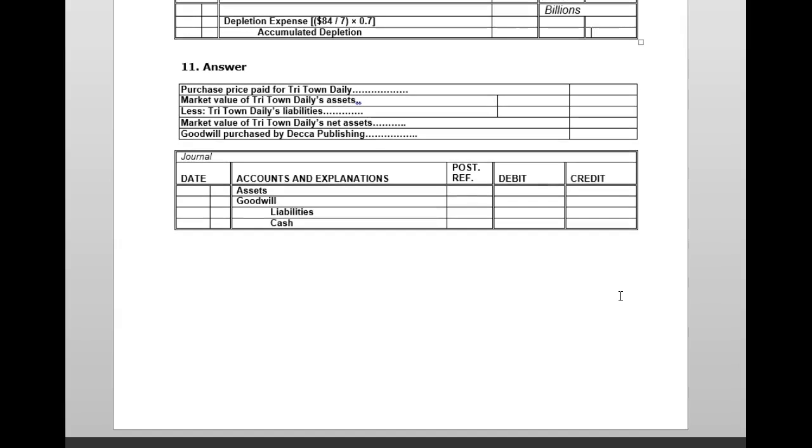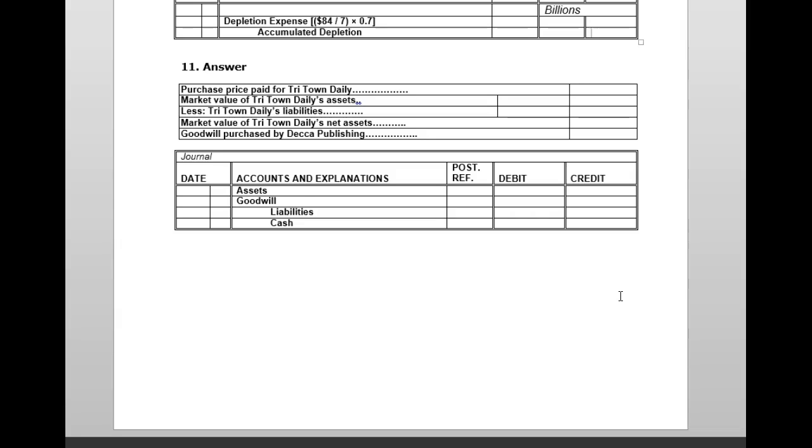And again, in these cases, we kind of look at this, and I think basically, if you look at 11, it's talking about buying another business and actually paying over market for it. And that involves goodwill then. You purchase the goodwill. And you want to look at it and say, okay, how much goodwill?